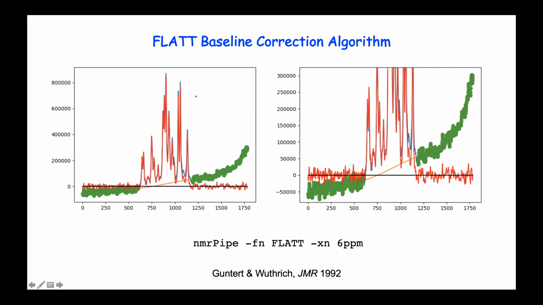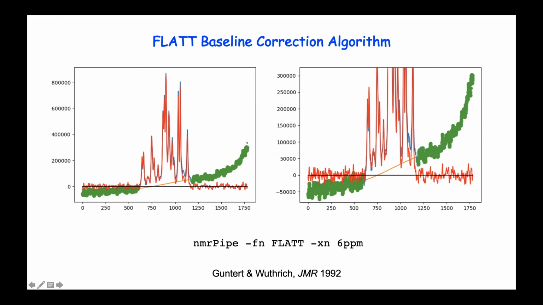It's still a little bit polynomial, like a second order polynomial there. So we noticed there's a program published a long time ago by Gunther and Wuthrich. It's called FLAT. What this does is try to discover what is the baseline and what is the peak, then fit the baseline, and do SVD to figure out what the first few data points in the time domain are that caused this problem.